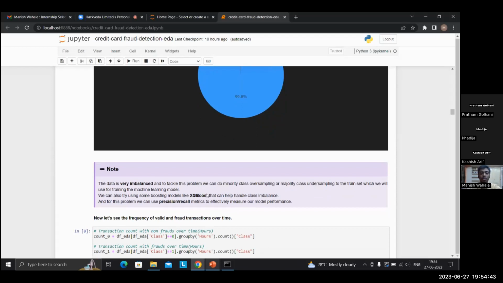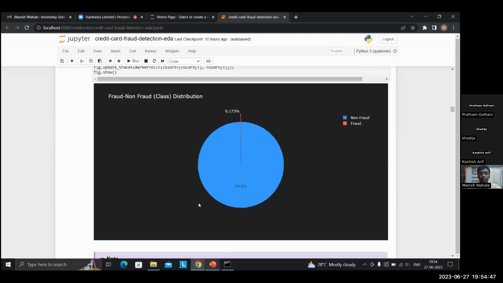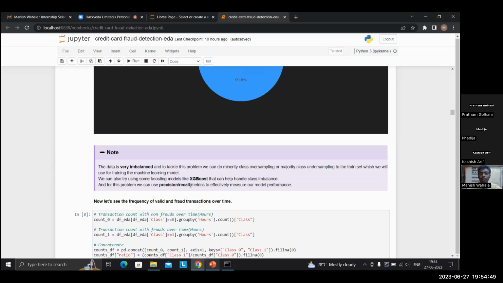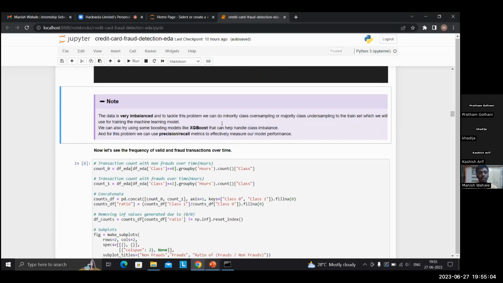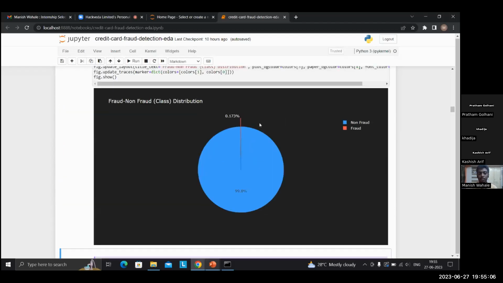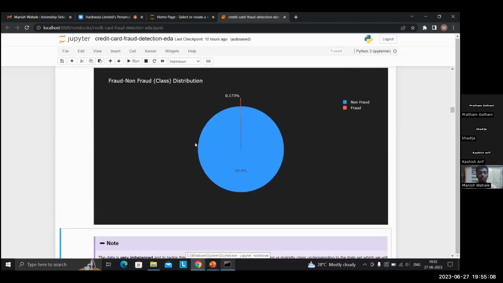So we can use this boosting model. And finally, the best metric for such problems is the precision recall metric. These metrics are often used for imbalanced classification. So the key points we have gathered from this pie chart are these.